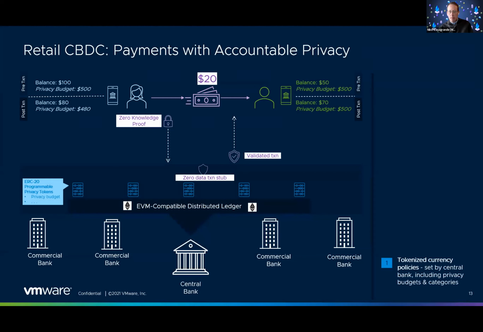So going back, there is a policy set by the central bank on what the privacy budget should be. And essentially then there are two models. While you set the budget, because we're still assuming the end users have the account with the commercial bank, they'll be actually assigning specific budgets as per the policy. It's kind of a hierarchical model.